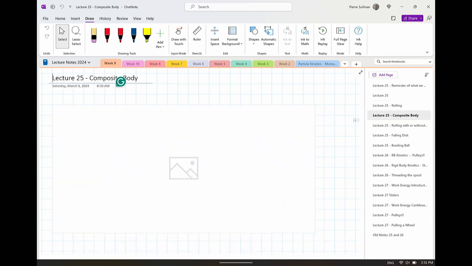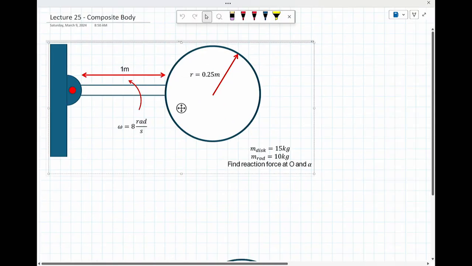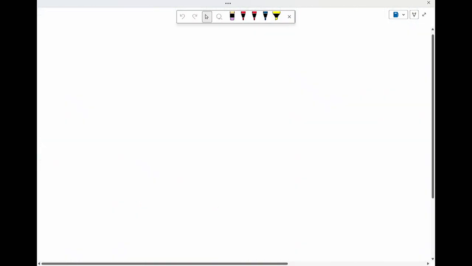Maybe I want to do this one. Okay, let's start with this. And I have drawn it wrong for my notes, so that's going to drive me crazy. All right. Okay.